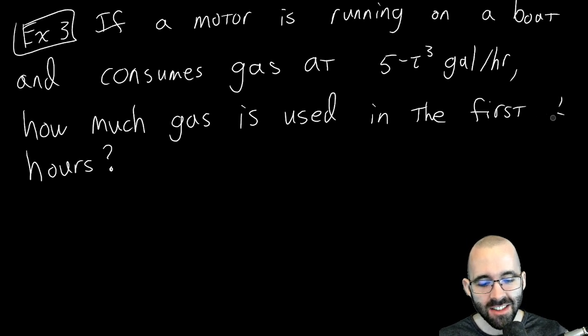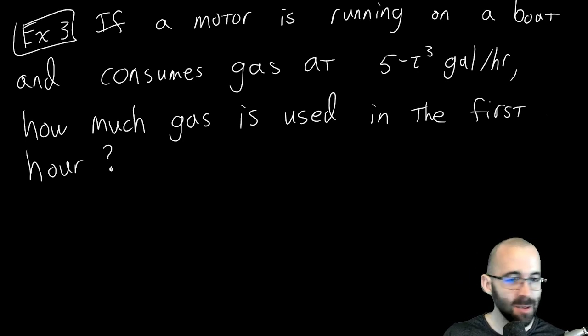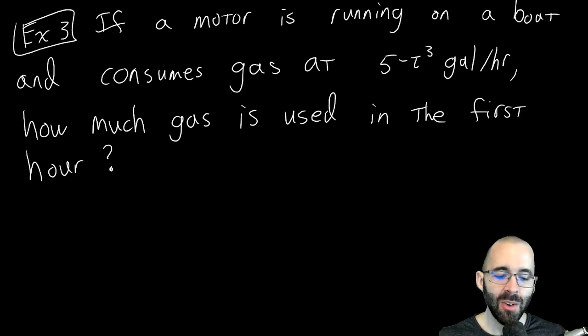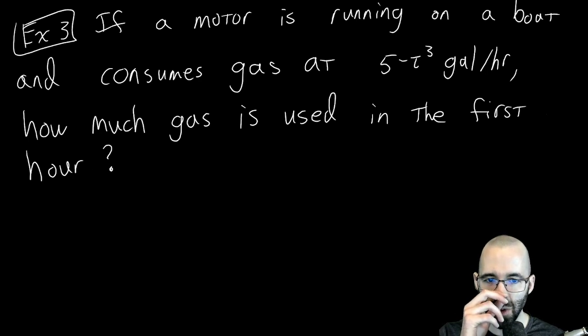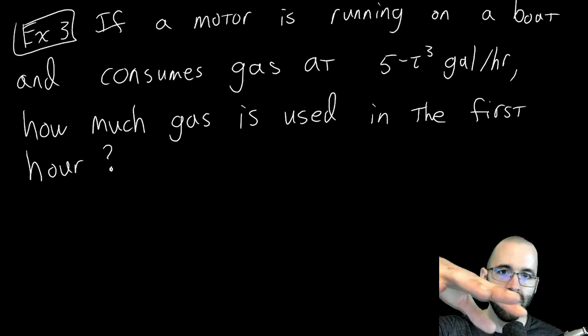Let's ask a different question. How much gas is going to be burned in the first hour? So at the start, we're using gas pretty fast, 5 gallons every hour. After an hour, we're using gas a little slower at 4 gallons per hour. Or if this were a squared, it would have also worked in the original problem. So start is 5 gallons per hour, at the end, 4 gallons per hour.